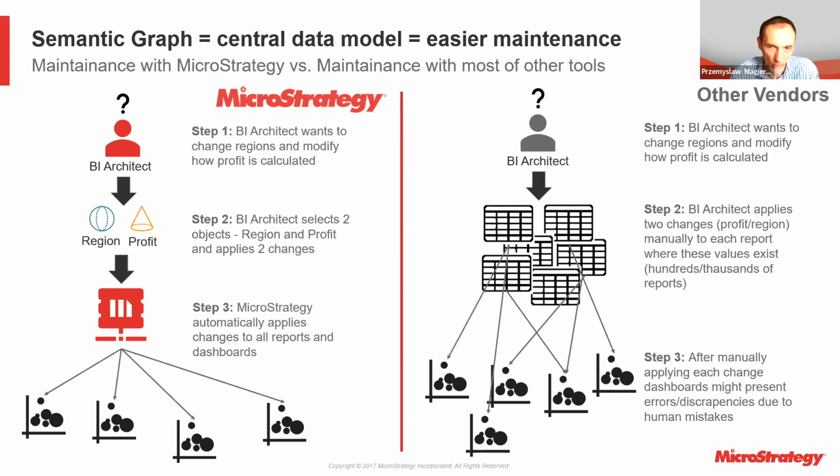So we definitely recommend to our customers the extensive usage of the MicroStrategy semantic graph that allows you to minimize the effort related to maintenance of the whole ecosystem, and later related to just the development of new content.